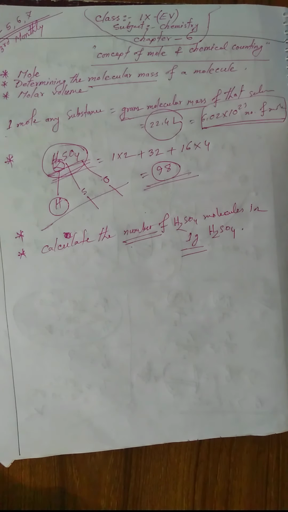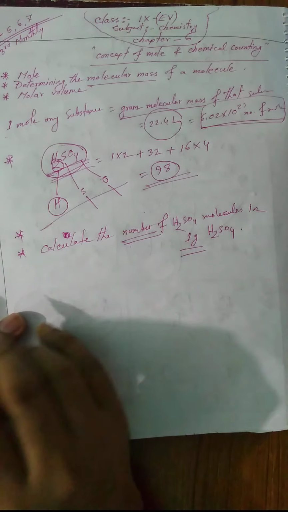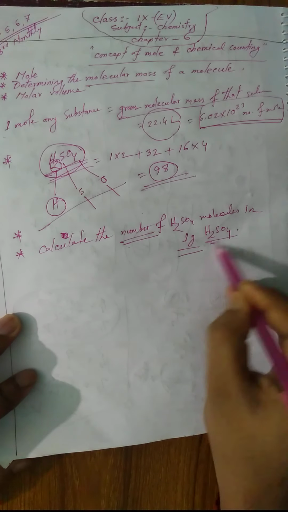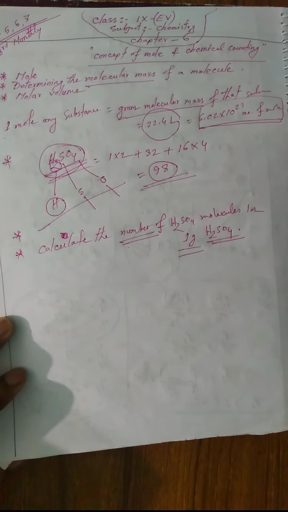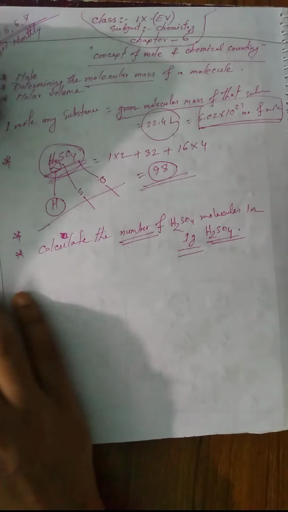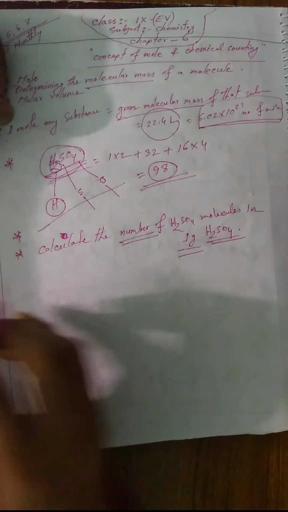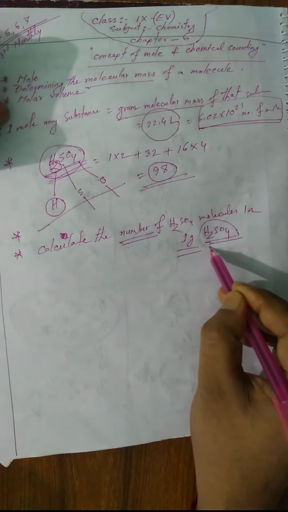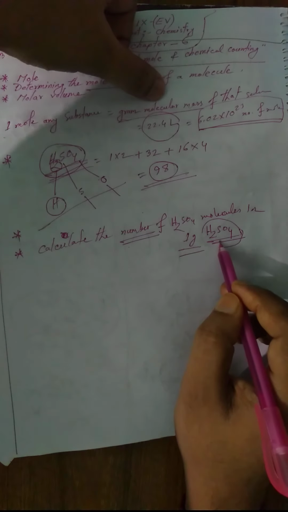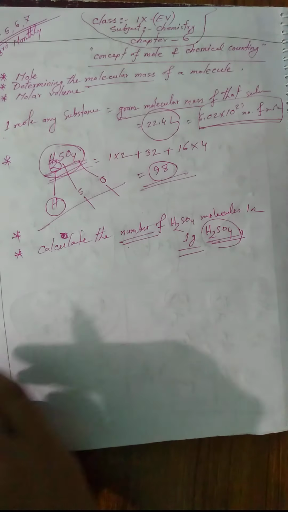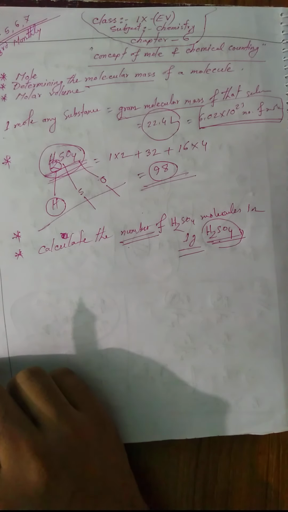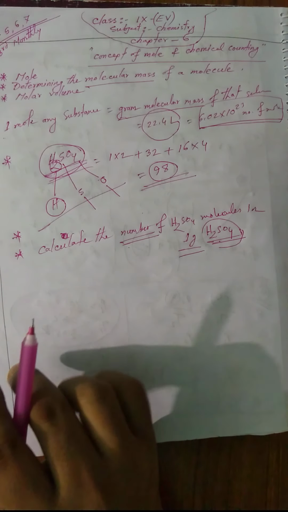So we have to find out the molecular mass of H2SO4. And here 1 mole is related to gram molecular mass. Gram molecular mass means the molecular mass converted to gram.